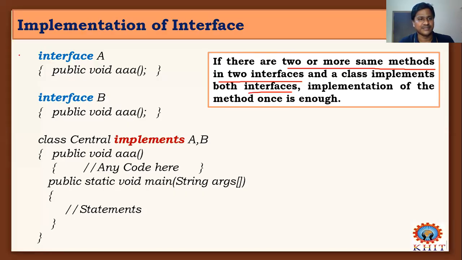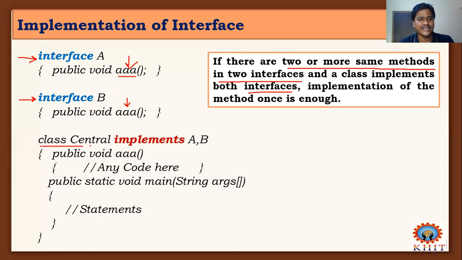Coming to this example, in this program file I have an interface A with method name AAA, and there is another interface in the same file, interface B, with the same method AAA, as it is possible in some cases, right?